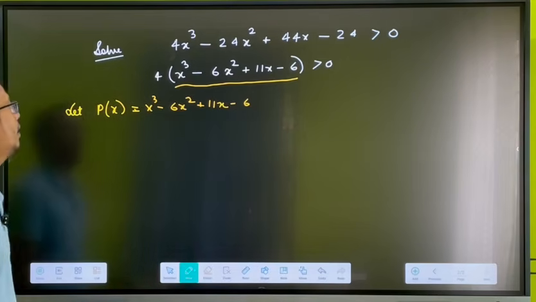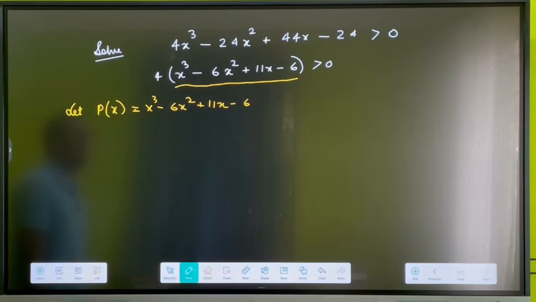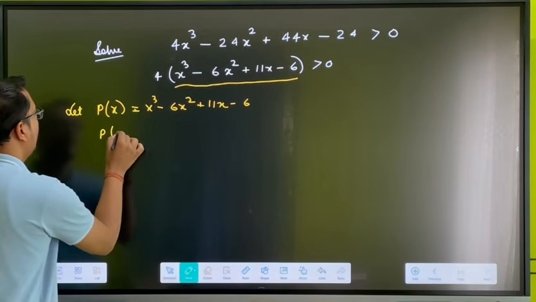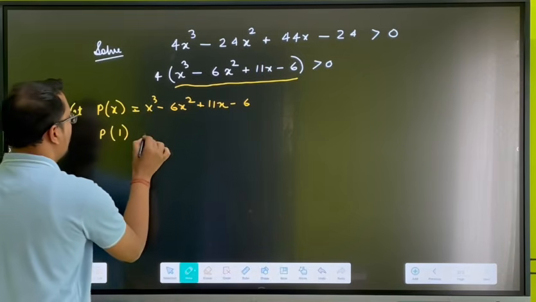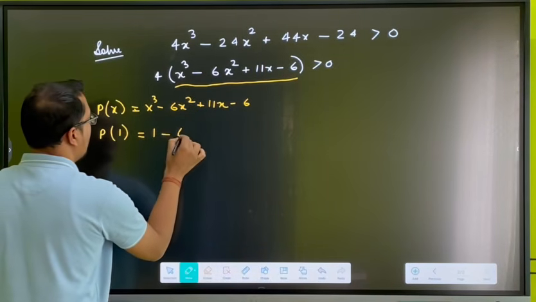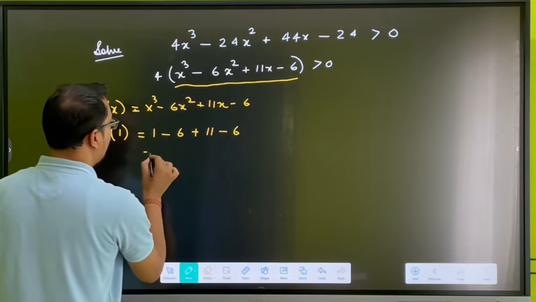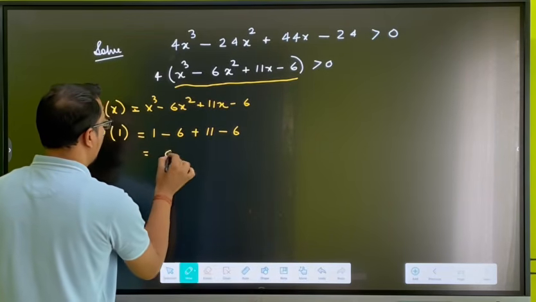Now we try to find out the factor. In order to factorize it, let us insert p(1). So it will be 1 minus 6 plus 11 minus 6, so it will come out to be 12 minus 12, that is 0.